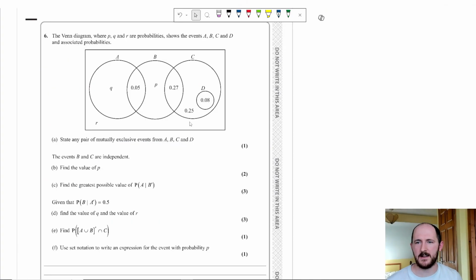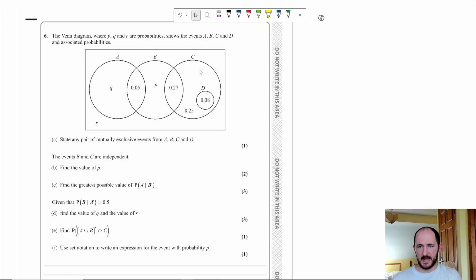And lastly, we have Venn diagram, conditional probability, whatever, same thing. And they give us this disgusting looking thing. So we have D that's nested inside C, and a bunch of other stuff, cool. And it says state any pair of mutually exclusive events. So remember, mutually exclusive means that they both cannot happen, which means on a Venn diagram, there will be zero overlap. So for example, C and A would be mutually exclusive.